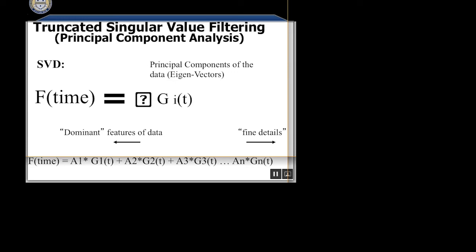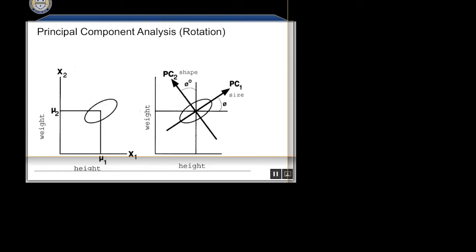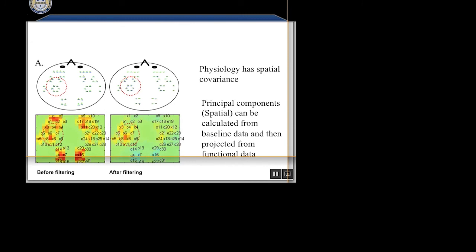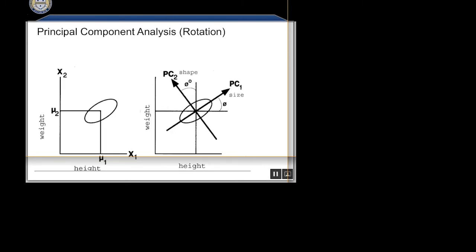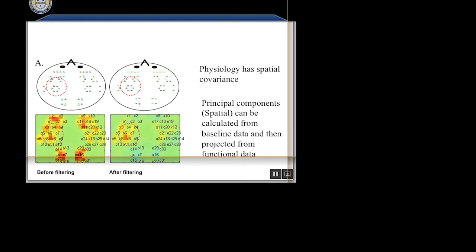Same concept in NIRS. I don't want to go through the math of what PCA actually is, but what we do in NIRS is we take the spatial covariance, so the channel by channel noise structure, right?